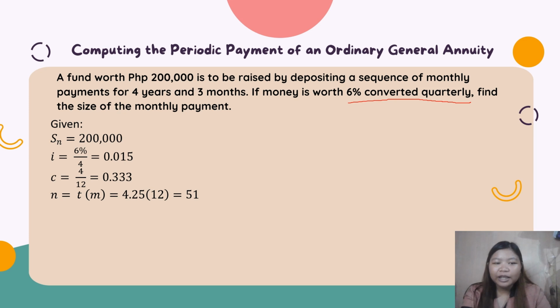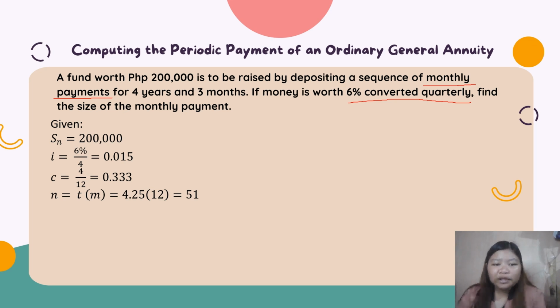And for our c, we have 4 over 12, because 4 is the number of conversions per year, and 12 because the number of payments is monthly, so there are 12 months in 1 year. So divide it, 4 divided by 12 is equal to 0.333.